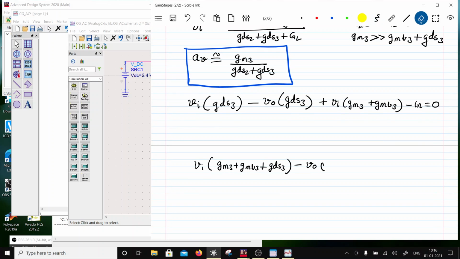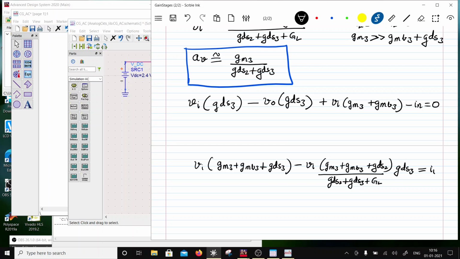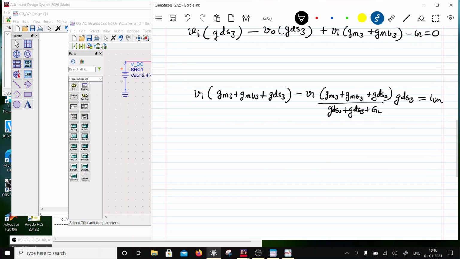So this is going to be VI times of (GM3 plus GMB3 plus GDS3) divided by (GDS2 plus GDS3 plus GL) times of GDS3 is equal to IN.